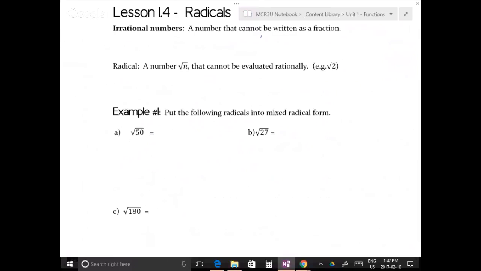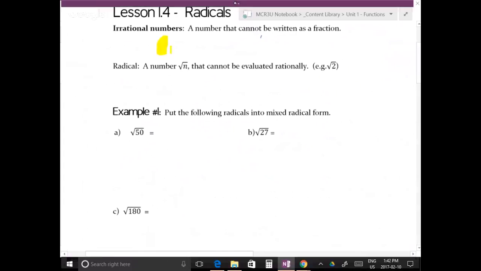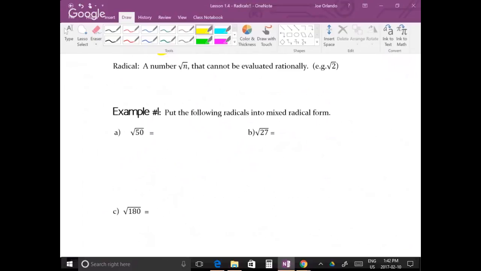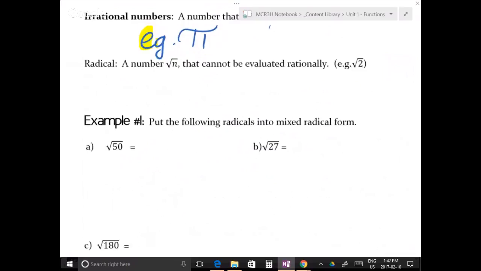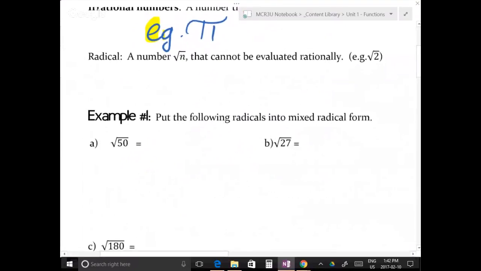One example that we all know is pi. Pi is 3.14159265 and so on. It just keeps going forever and ever, and it can never be written as a fraction. It's what we call an irrational number. Now, a radical is a special case of that.